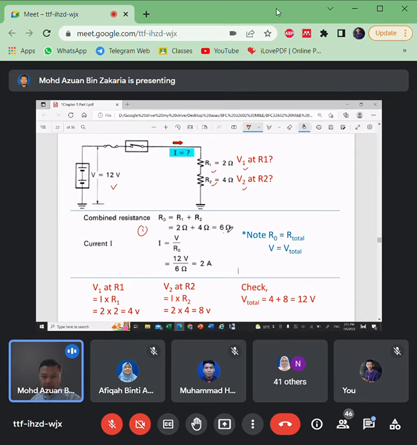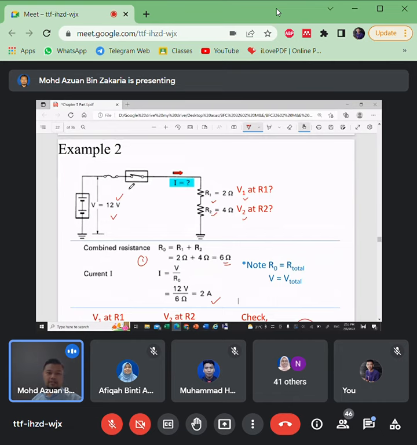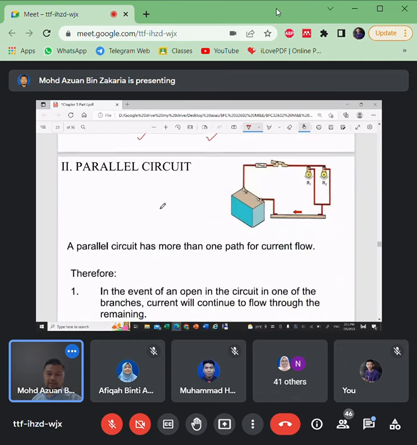So we have 6, and then try to find main I, which is 2 ampere, 12 divided by 6. Okay, and then calculate V at each R. So we can get V at R1 is 4, V at R2 is 8. And we double check, 8 plus 4 it's 12, similar to the main supply. Right. So it's easy, right.